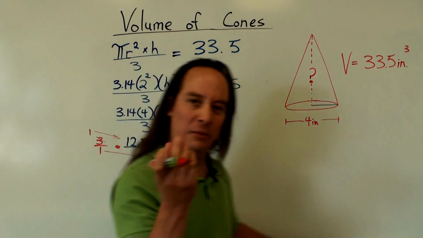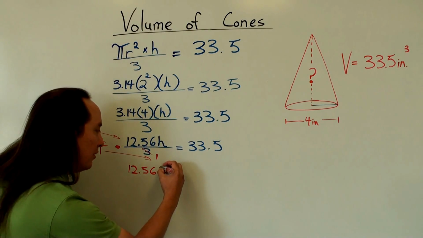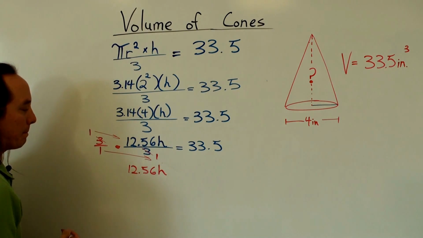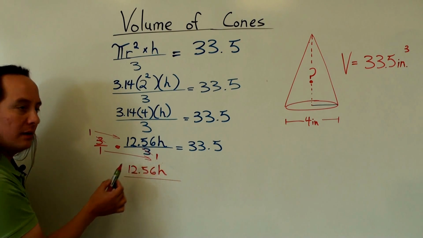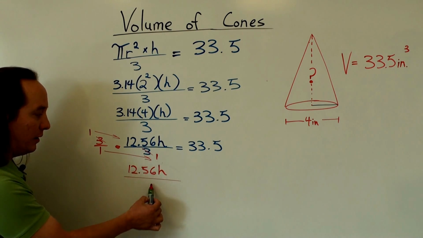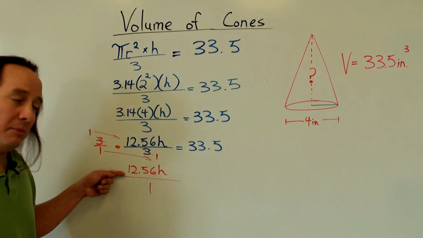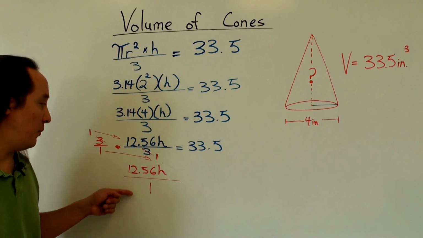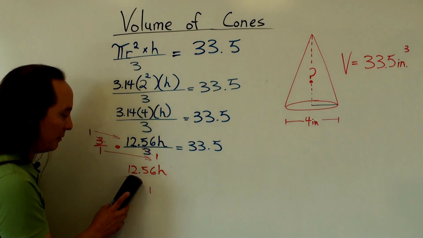Okay, actually, let me write that just a little bit closer. I like to have it looking like a multiplication. Okay. And if I was to put the fraction bar and go 1 times 1, that 1 times 1 is 1. But the same way that 3 divided by 1 is 3, same thing here, 12.56h divided by 1 is 12.56h. Okay, so I don't need to put that 1.